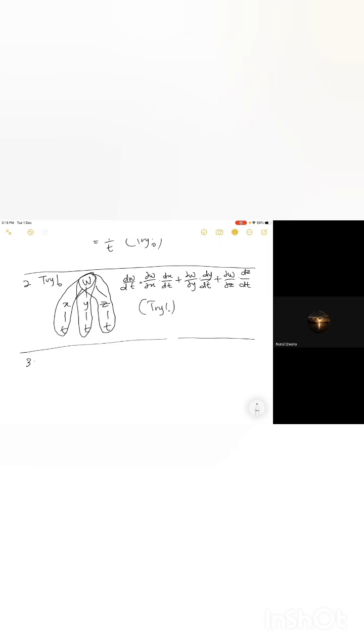Okay, question number 3, 4, 5, and 6 is application problem. Okay, let's see the application problem. At what rate is the volume of a box changing? If its length is 5 feet and decreasing, okay, box.